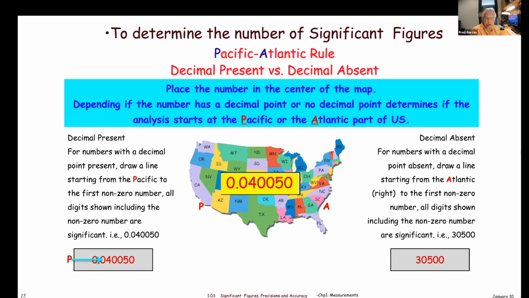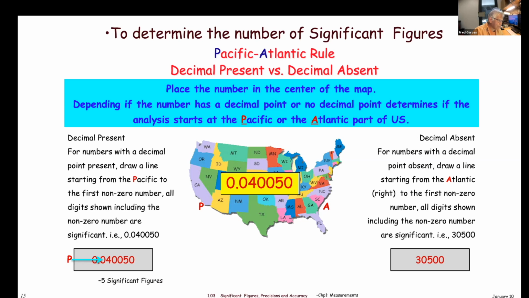It's a pretty easy rule. That way you don't have to memorize all the rules that they give you for significant figures. This number has a decimal. The decimal is present, so you draw a line from the Pacific Ocean to the first non-zero. The first non-zero is 4. All digits, including the 4, are significant. This number has 4 significant figures.